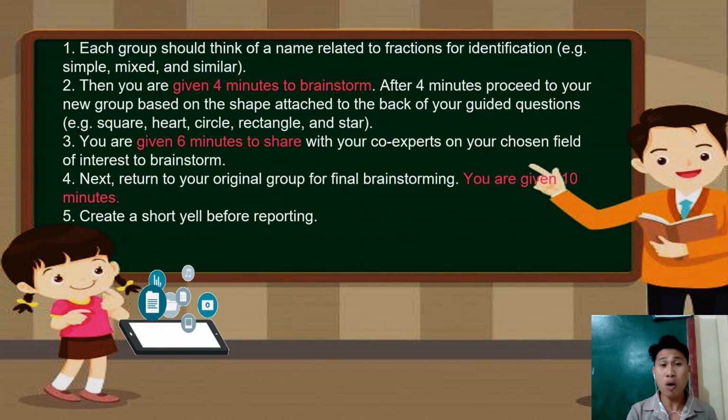Then we follow the instructions on how the jigsaw should be executed. First, each group should think of a name related to fractions for identification. Example: simple, mixed, and similar. Then you are given 4 minutes to brainstorm.